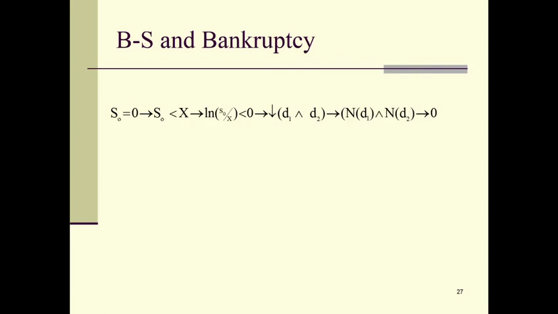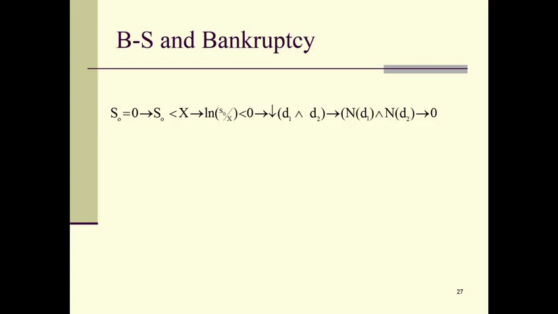Now, what about bankruptcy? Any questions so far up to this stage? What is bankruptcy? What happens during bankruptcy? Maybe one of you can answer. What happens when a company goes bust?